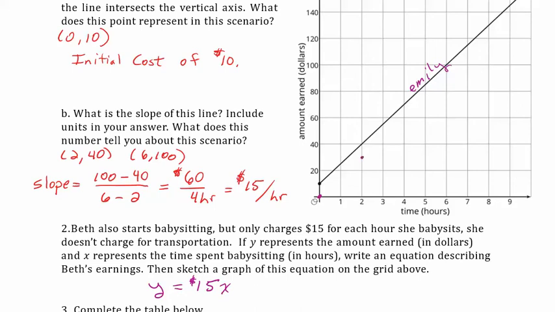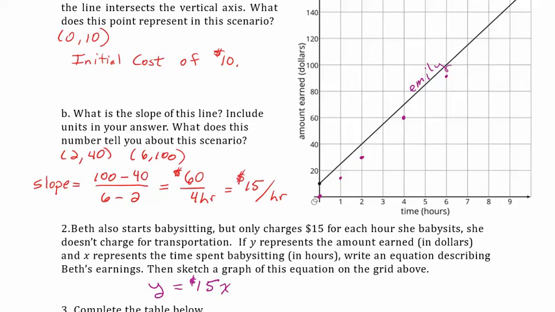Let's plot that point, (2, 30). After 1 hour is 15. We could try to plot that one, maybe about right there. I'm sort of estimating here. After 4 hours, 4 times 15 is 60. That's going to be right there. 6 times 15 is 90, right? So maybe about right there.